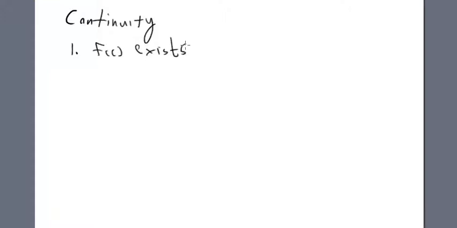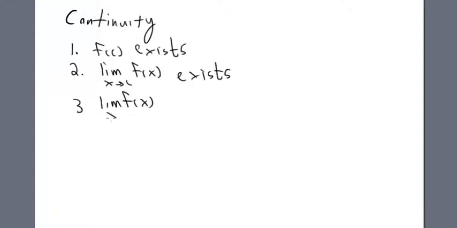By exists, we mean it's not infinite, it's not indeterminate, something along those lines. Two, the limit as x approaches c of f of x exists as well. And three, that limit is the same thing as plugging in c. If these three things are satisfied, then it is continuous at that point.